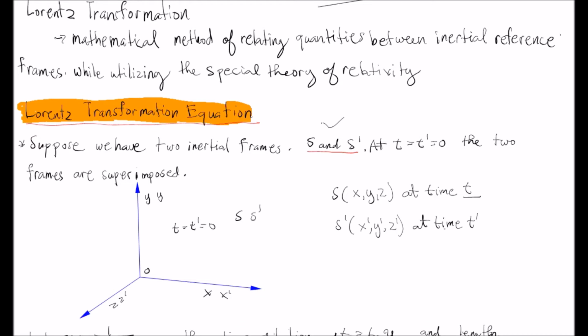Initially, these two frames are superimposed, meaning the x-axis of S frame is along the x prime axis, and the y-axis is along y prime, and the z-axis of S frame is along the z prime axis of the S prime frame, and that is when t equals t prime and t equals 0, or t prime equals 0.